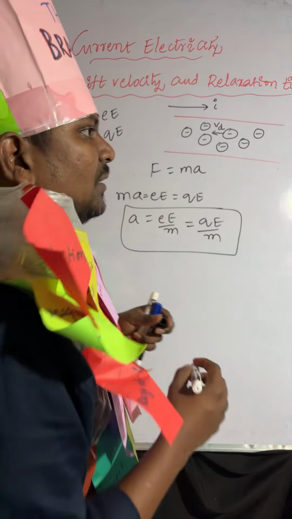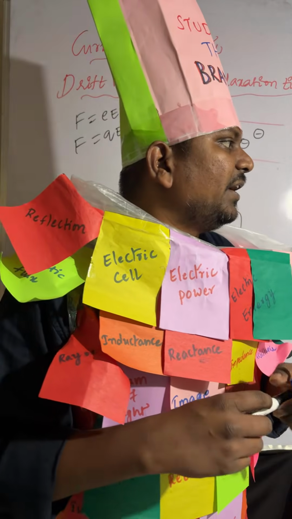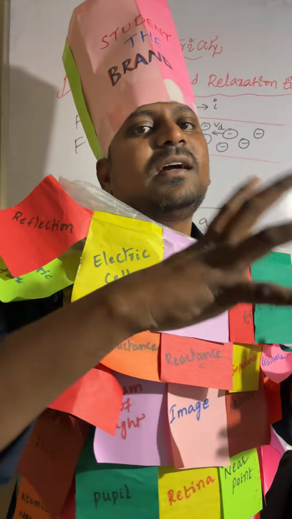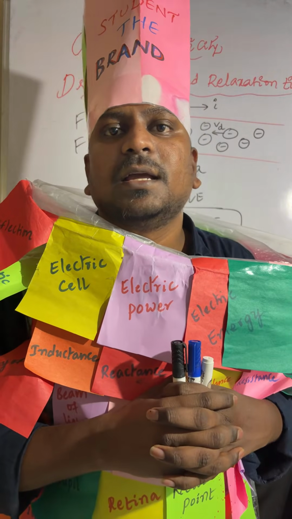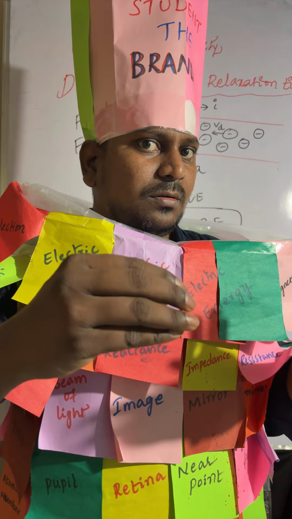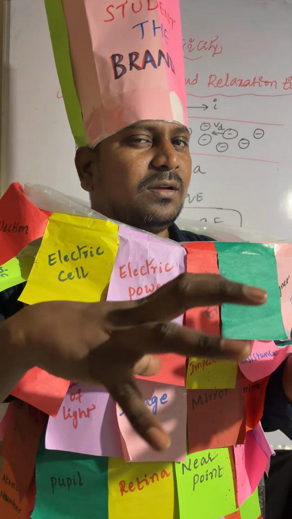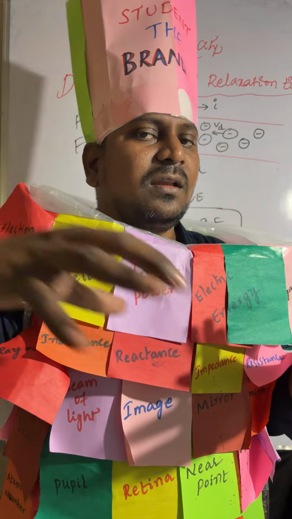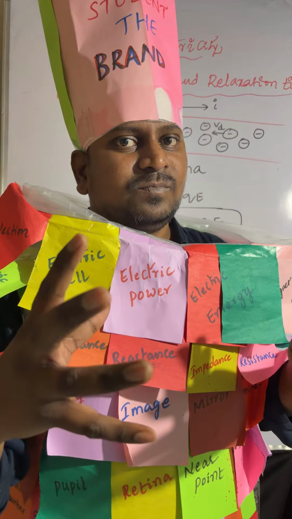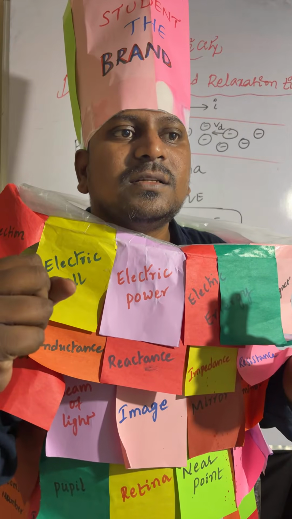Okay. So when electrons are moving in the conductor, all electrons are moving in the same conductor in one direction, in the forward direction only. So what happens?